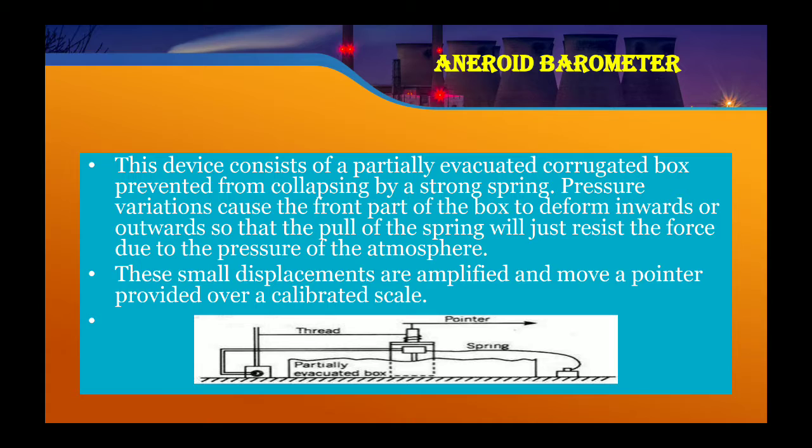You can see the calibrated scale in the downward direction, and here is the pointer provided over the calibrated scale, which shows the measured value of the atmospheric pressure. So that is the aneroid barometer.